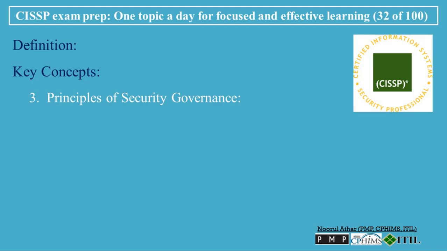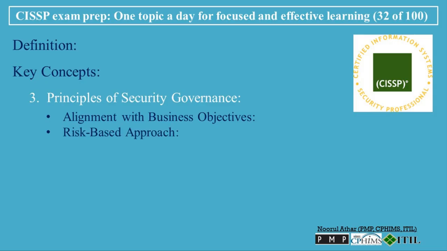3. Principles of security governance. Alignment with business objectives. Security measures must support and align with the organization's overall business strategy and goals. Security should not hinder business growth, but instead enable it by protecting critical assets. Risk-based approach. Decisions about security should be based on a thorough understanding of risks to the organization.